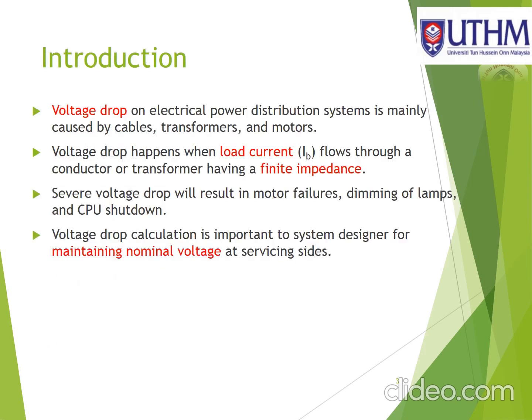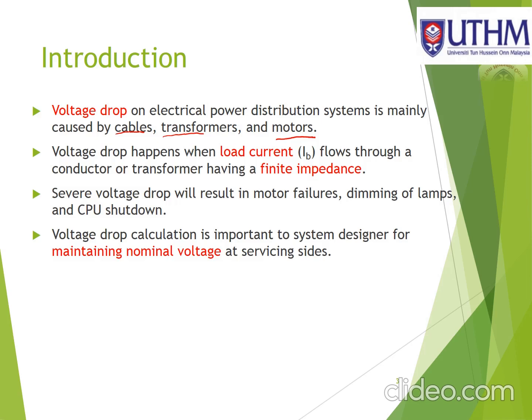So we go to introduction. As we know, voltage drop in the electrical power distribution system is mainly caused by cables, transformers, and also motors. Voltage drop happens when load current, IB, flows through a conductor or transformer having a finite impedance.